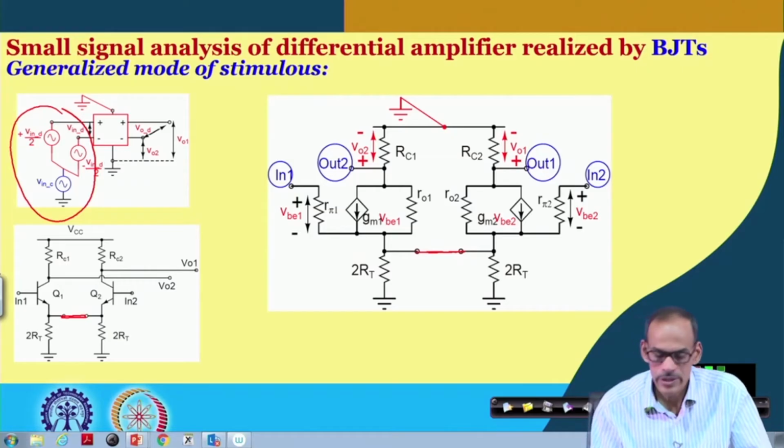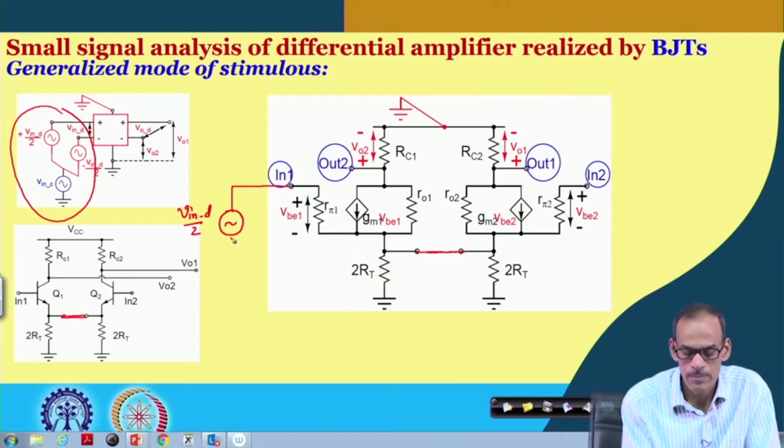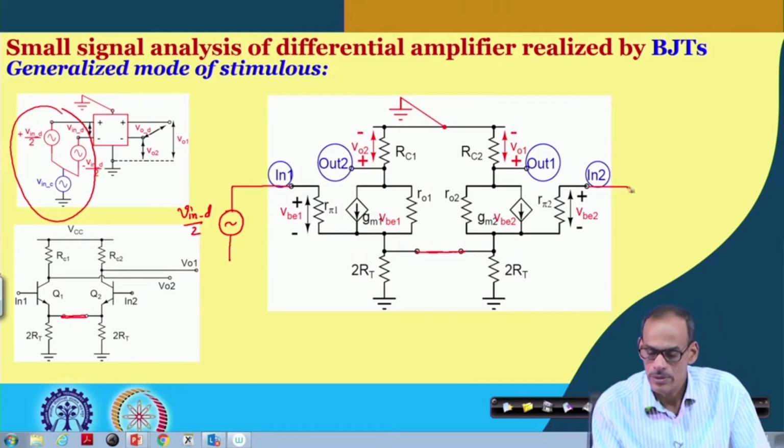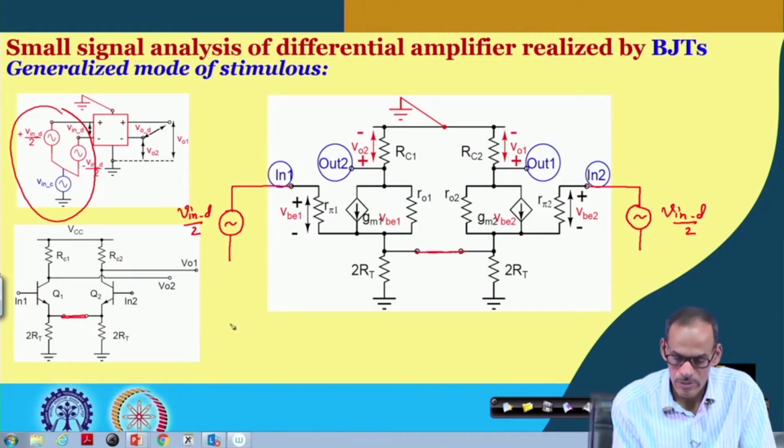Now, let us see if we apply a differential part here, V in D by 2. So, here we do have V in D by 2, and then we do have the common mode part. Let me use blue color.